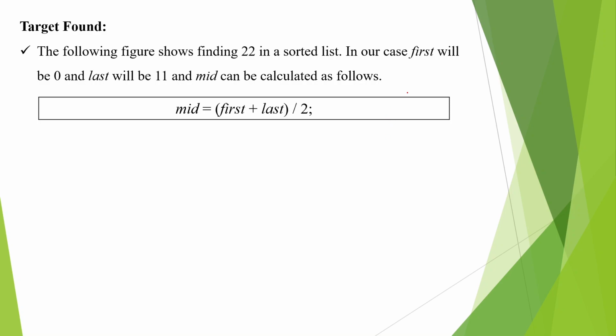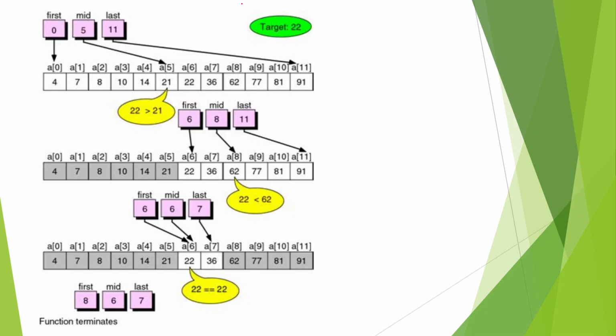As you can see here, I have written the formula, first plus last divided by 2. So let us assume this is the given list, and we are looking for 22. Target is 22.